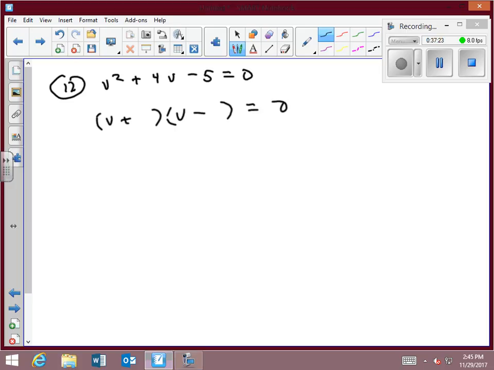Which way is the 5? Negative or positive? The 5's got to be positive, doesn't it? 5 and 1, isn't it? Yeah. Opposite signs. So the 5 is positive, right? And the 1's negative.